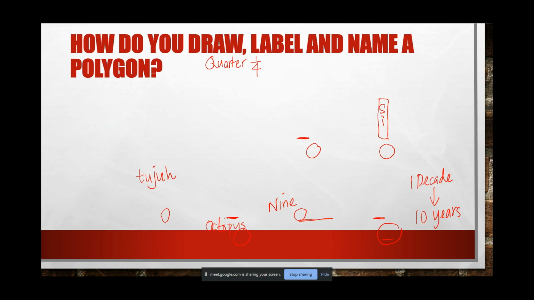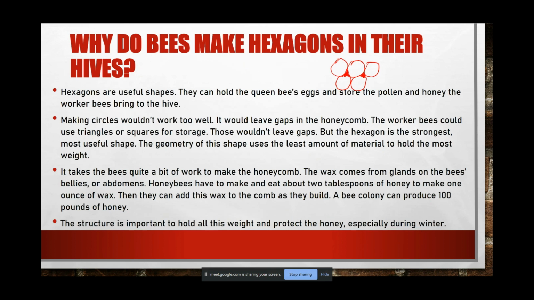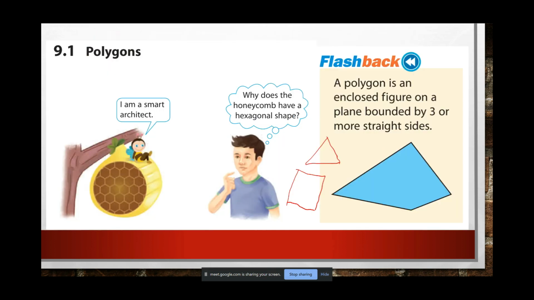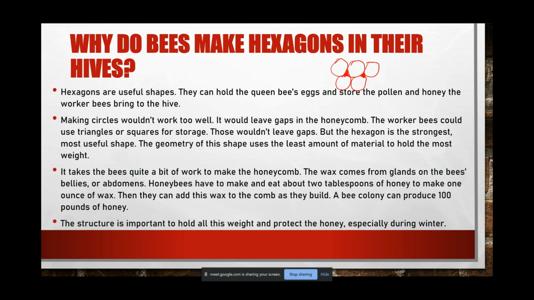So, first person, Catherine. Catherine, are you there? Yes. Okay, what is the name of a polygon with 5 sides? Pentagon. Very good, pentagon. Dayang Masha? Are you there, Dayang Masha? Okay, what is the name of a polygon with 7 sides?